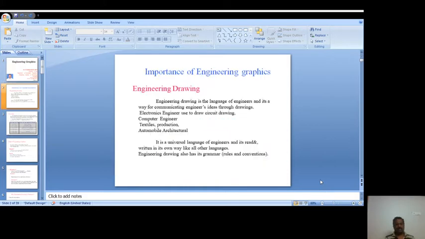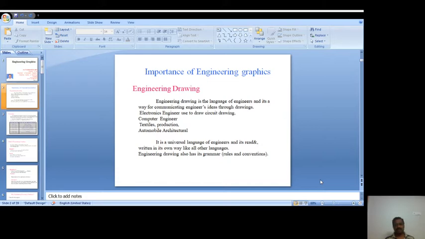Engineering graphics, in some places also called engineering drawing, is the language of engineers to understand and communicate engineering ideas through drawings. An electronic or electrical engineer uses drawings to draw circuits, for example PCB design.